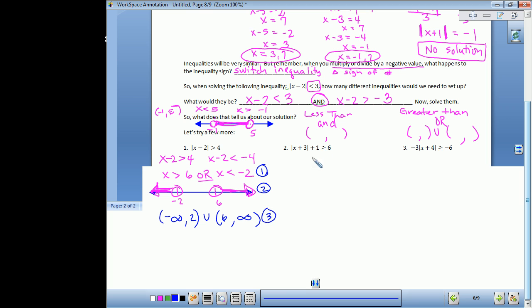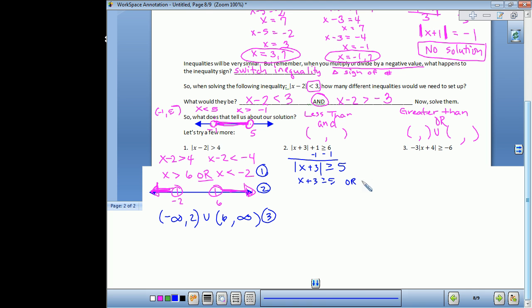All right, this one. The first thing we have to do is to get the absolute value by itself. And then we make sure we're not on autopilot. We look at it. Is it possible for an absolute value to be greater than or equal to 5? Yes. Will this answer be 1 interval or 2? 2, because it's greater than. Very good. So we're going to solve the 2.